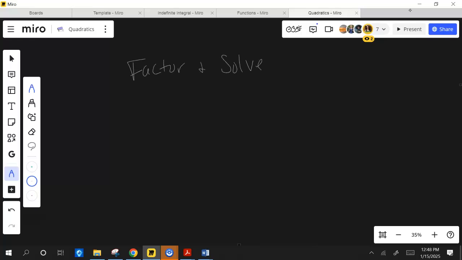So I'm going to teach you how to solve, and then you're going to practice with all the forms of solving. Okay? What do I mean, factor and solve? Now, stay with me. What if I had, let's say, this, and I said, what does x equal?